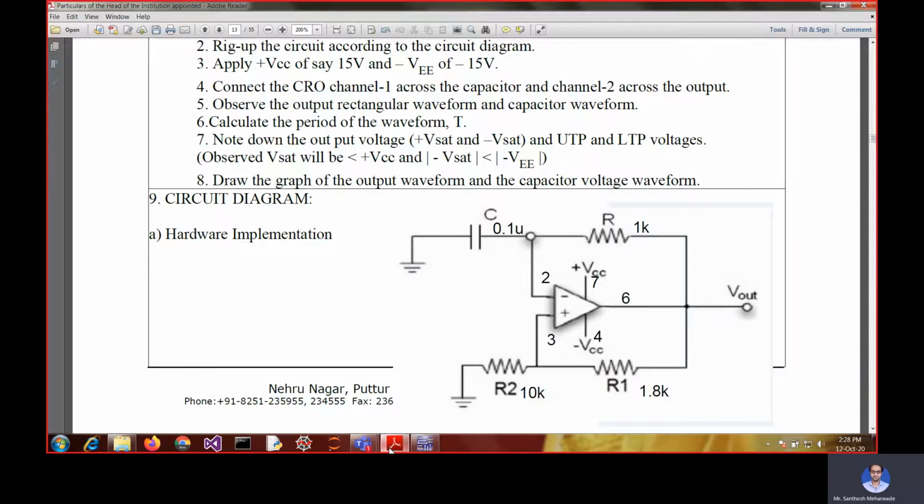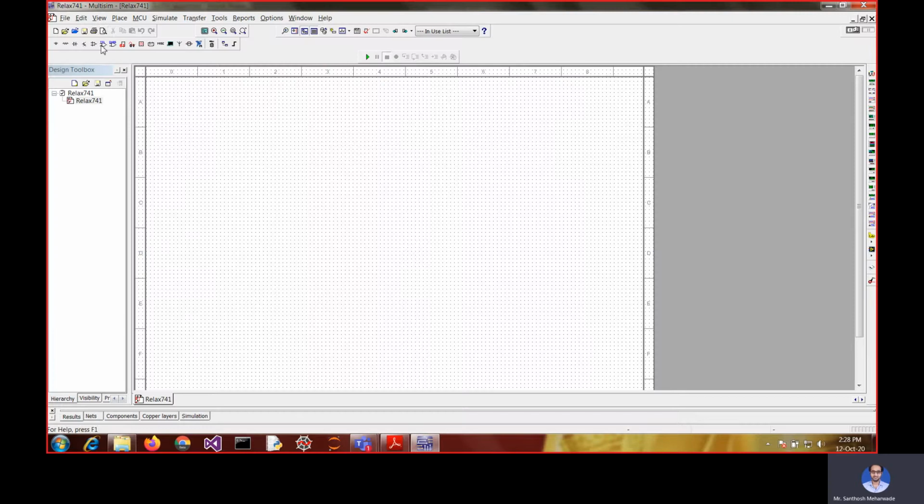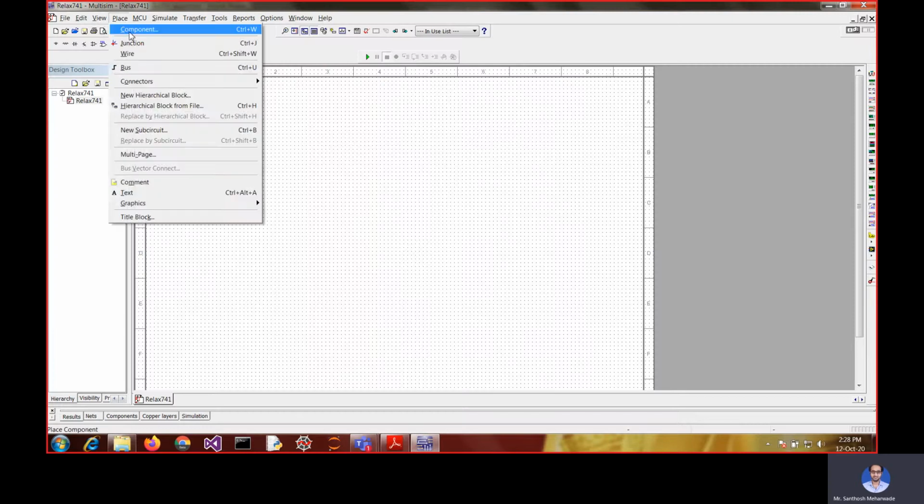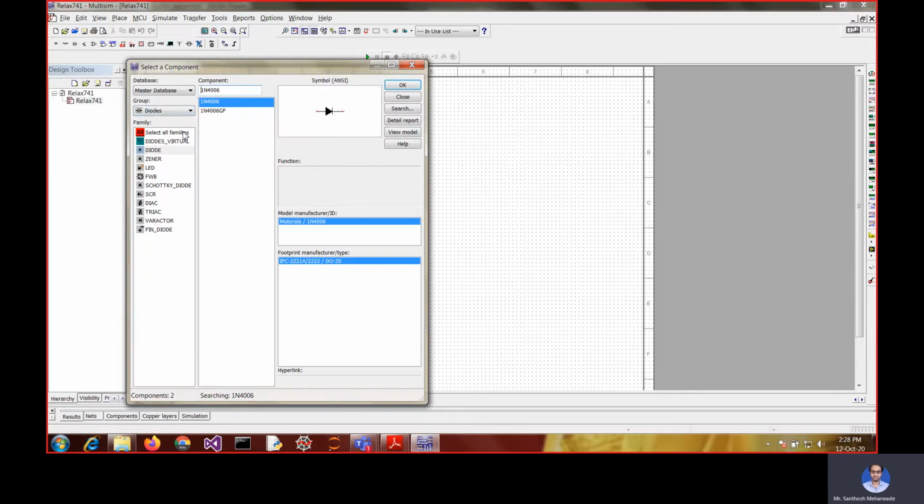So this is the figure. First we have to use the op-amp. For that I will go to Place and select Component. Now you can see that you are in the Master Database and the group is Diode.